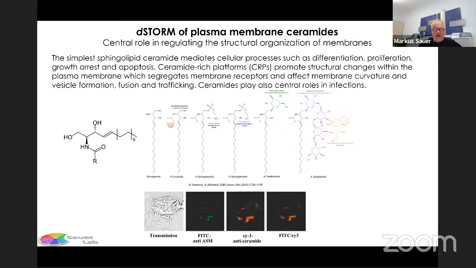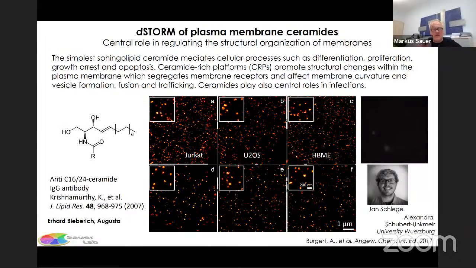So a few years ago we combined our efforts with Erhard Bieberich from the US, who published a paper in which he could synthesize or develop antibodies directed against these long-chain ceramides, these natural ceramides.